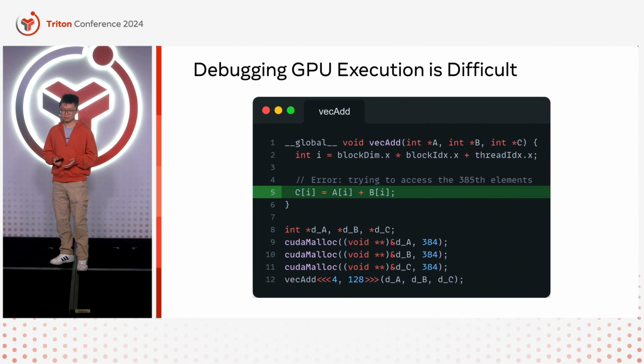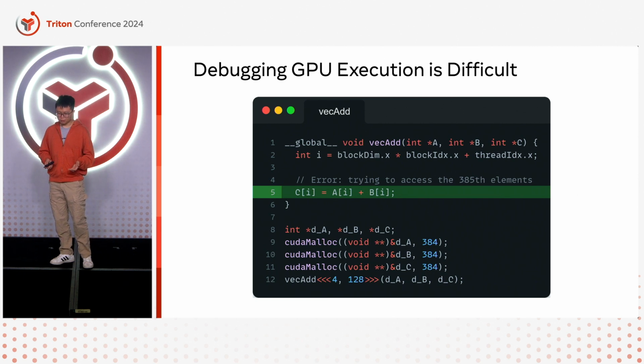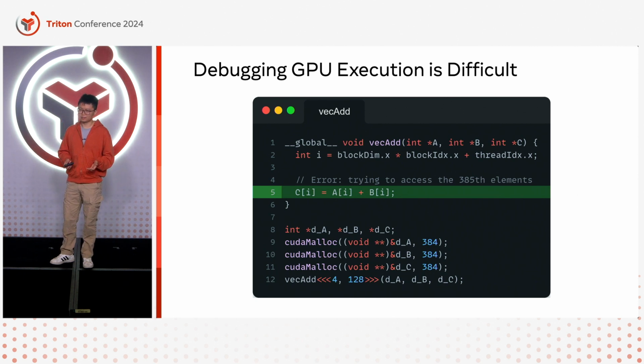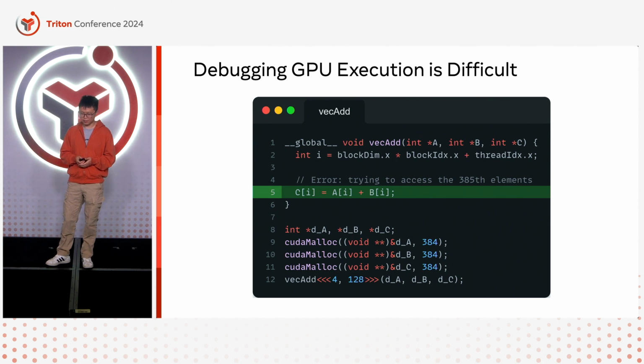However, it's possible that some beginners of CUDA or GPU programming, like new beginners in my class, may make some silly mistakes. They could invoke a GPU kernel with 4 blocks where each block has 128 threads.